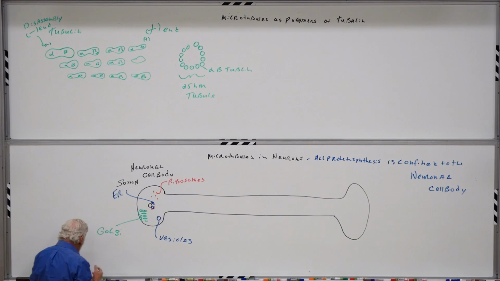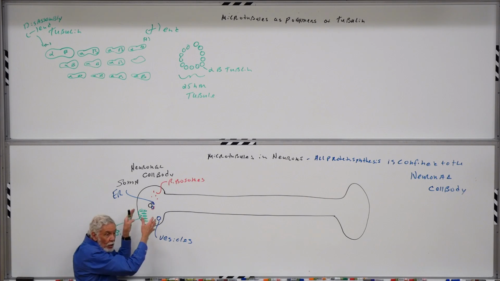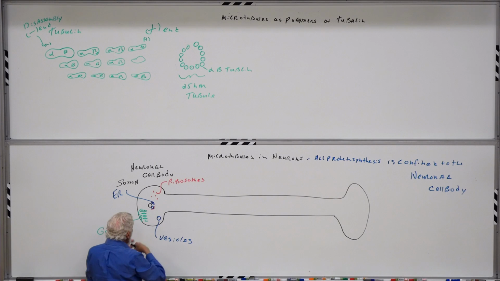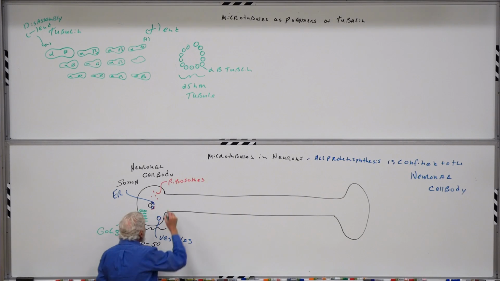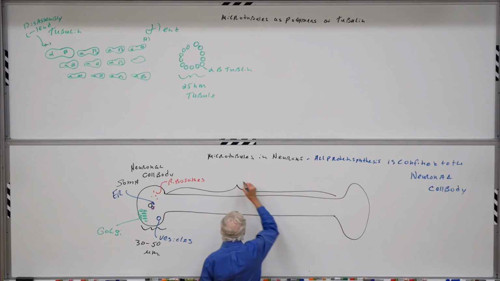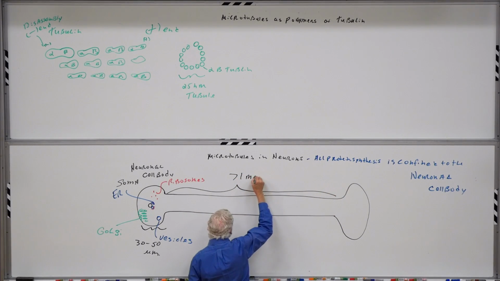Now, why this becomes important is that these neurons can be extremely asymmetric. They can have neuronal cell bodies that have diameters in the neighborhood of 30, and in a big neuron, 50 micrometers in diameter. But the axon itself, in some extreme cases, can be greater than 1 meter.